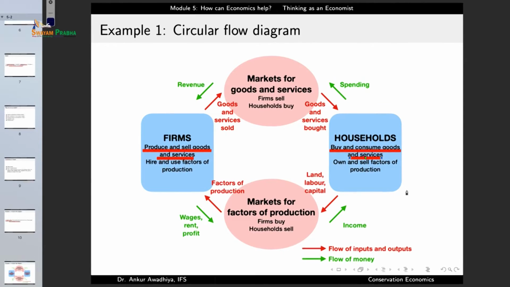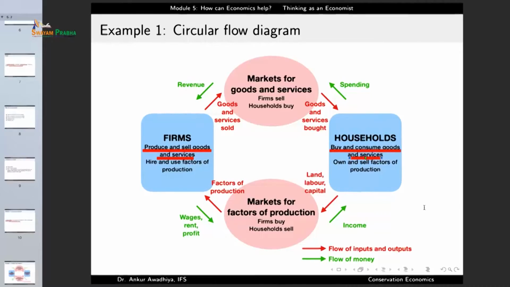So the households own their own labor and they sell their labor to the firms to help them produce things, and in return they will be getting a salary. Or the households are those entities that own the land and they will make this land available to the firms in exchange for, say, a rent. So households buy and consume goods and services. They own and sell the factors of production.